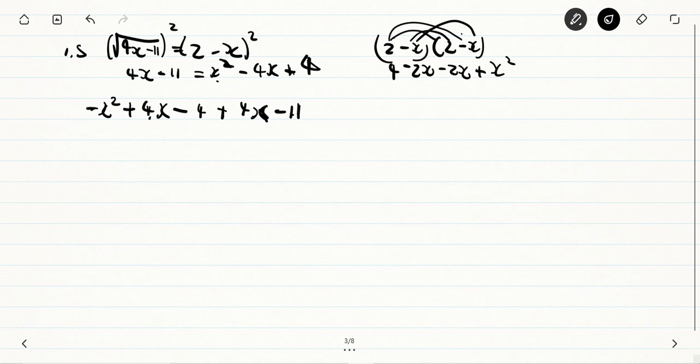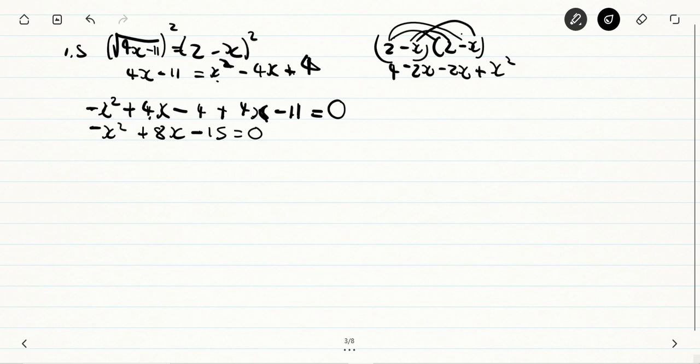These are the values that were already on the left, the last two. And then this would be negative x squared plus 8x. Negative 4 minus 11 is going to give us negative 15. And that's all going to be equal to 0.